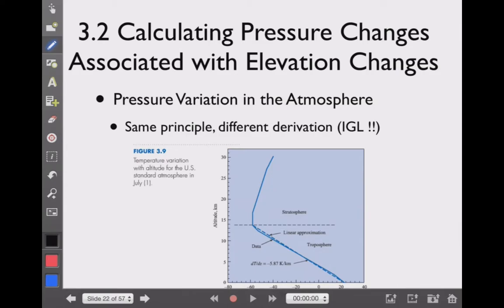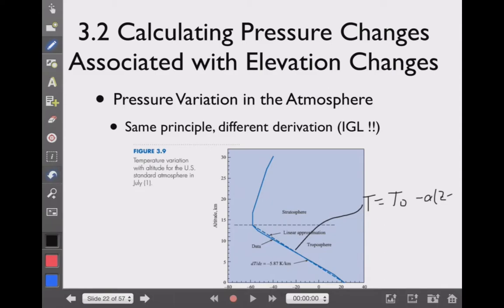Typically we list this as the temperature equal to T0, some intercept temperature, minus alpha times Z minus Z0.